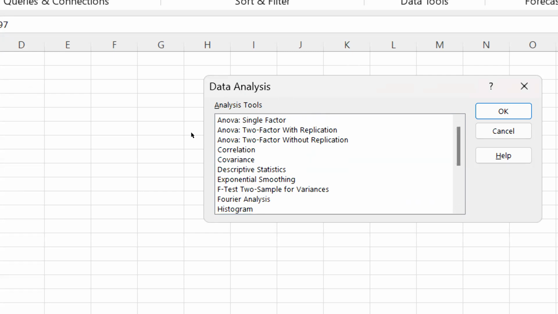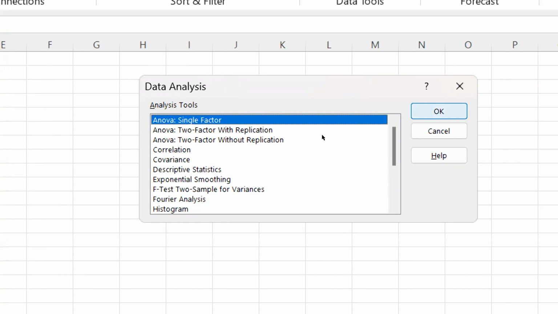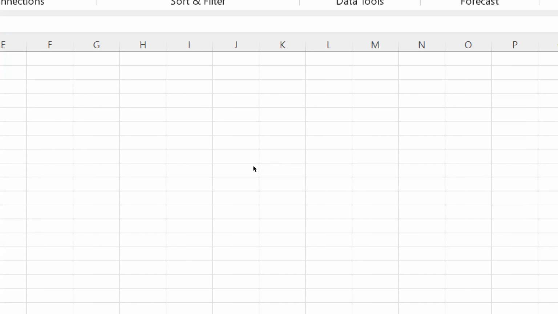We need ANOVA: Single Factor, as we have a one-way ANOVA. In this chapter, we just focused on the one-way ANOVA. So we use ANOVA Single Factor. Click on OK.